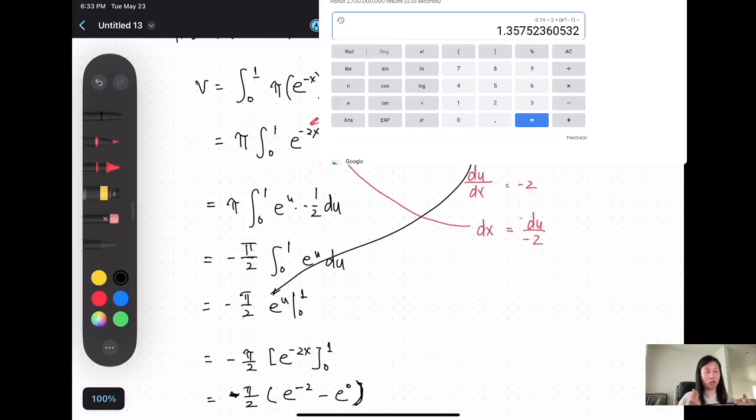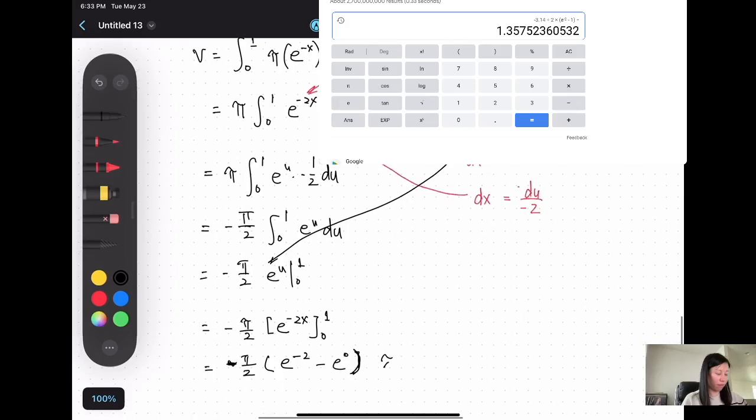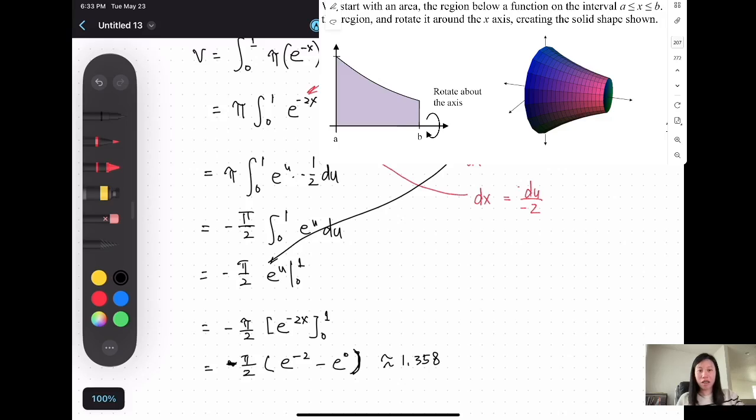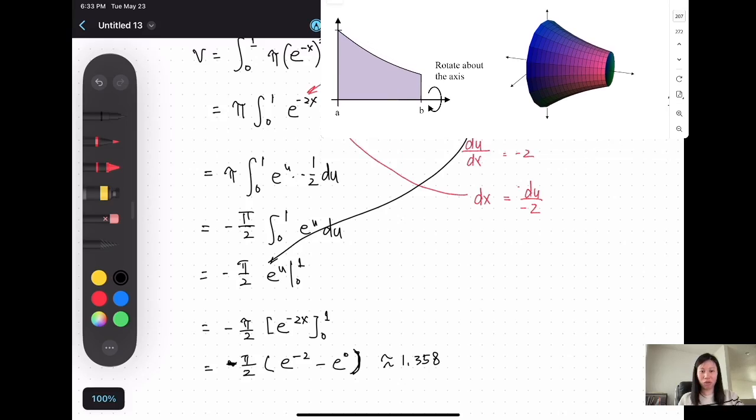Okay, so this equals 1.358, and then whatever that unit is. So the volume of this cylinder is equal to 1.358.